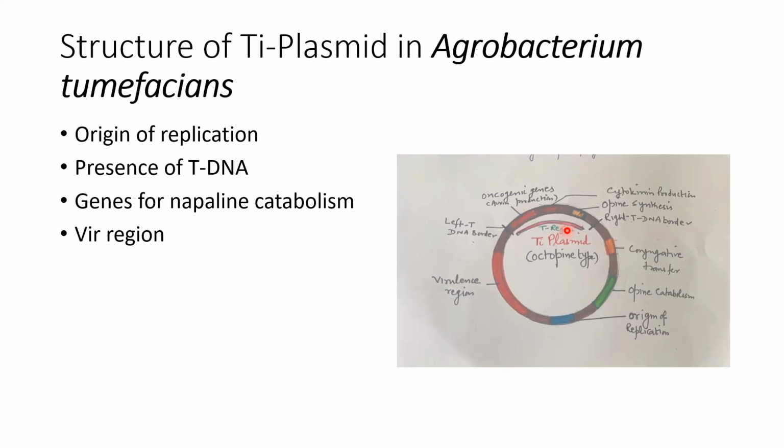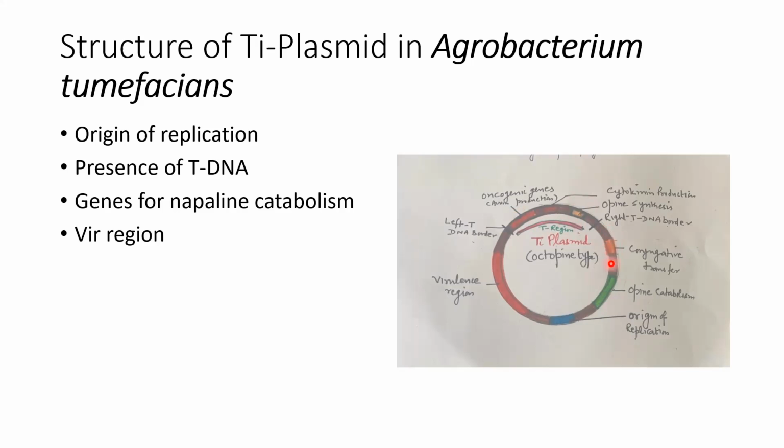Then it also has a region for opine synthesis. What are opines? We'll discuss later on. And this region is called conjugative transfer. Because of conjugative transfer, this becomes compatible with other strains, so it can be transferred, or it can help in conjugation with other strains.